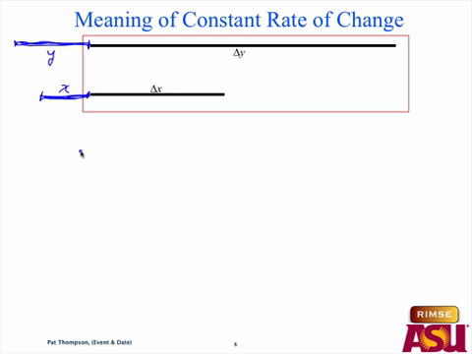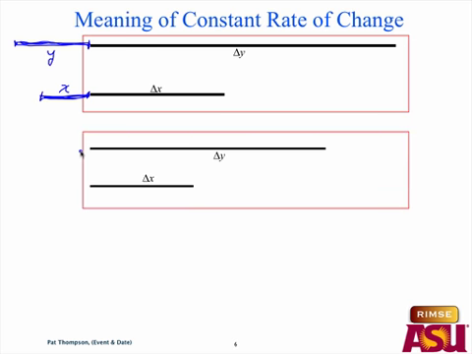Okay, so this next illustration then shows obviously a smaller change in y and a smaller change in x, right? But is there anything the same about these two? So the changes are different. The change in y is smaller, and the change in x is smaller.